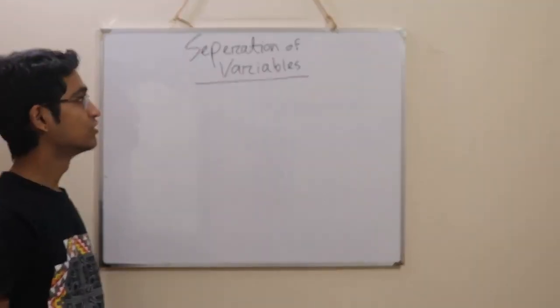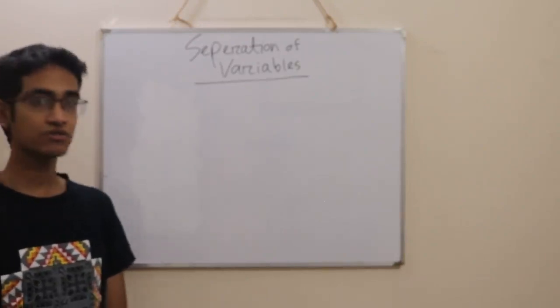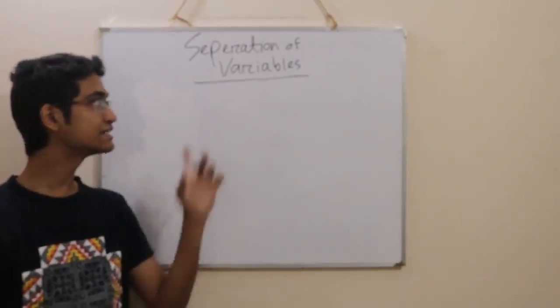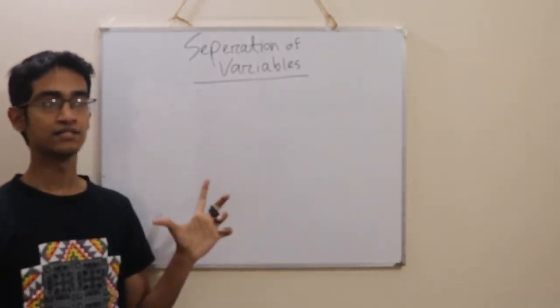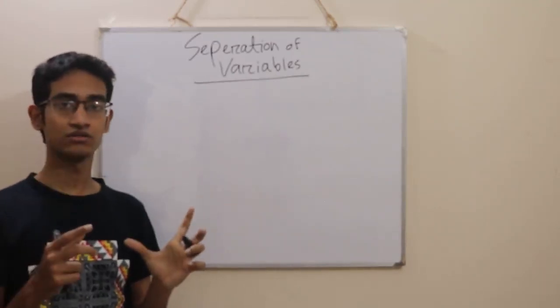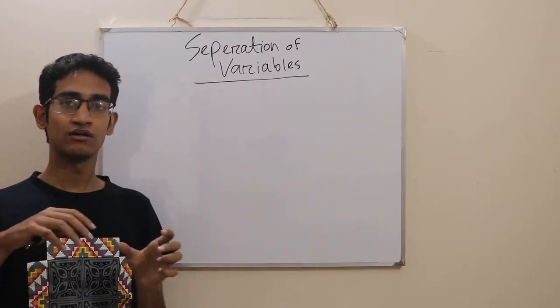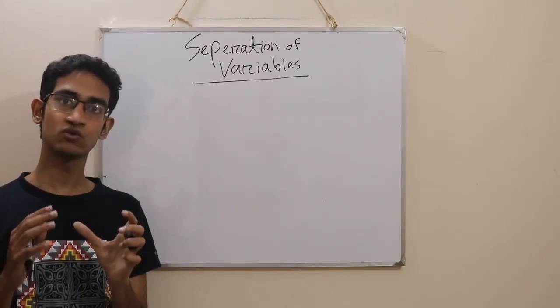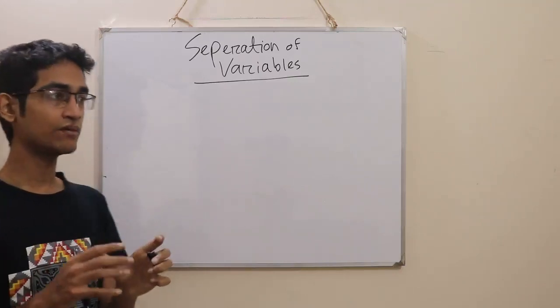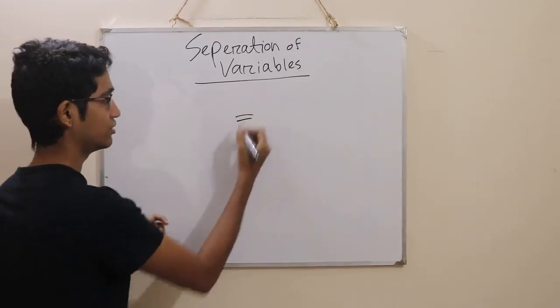Now, which equations does this method work on? The equations that this can handle are equations that can be separated into two variables, and the terms containing the two variables can be taken on two sides of the equal sign.